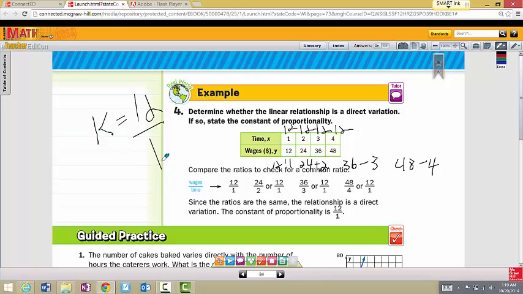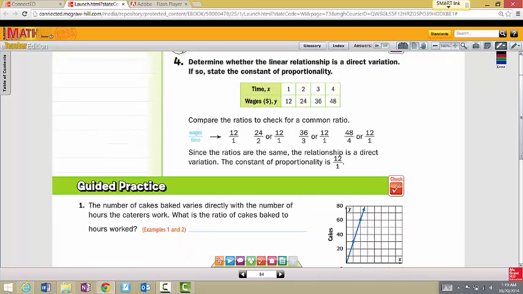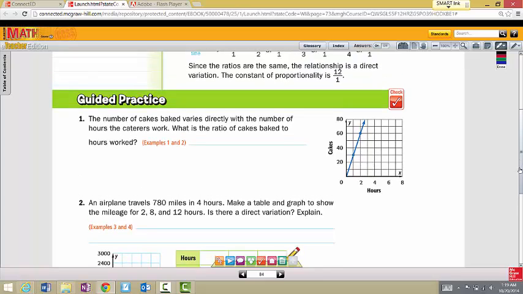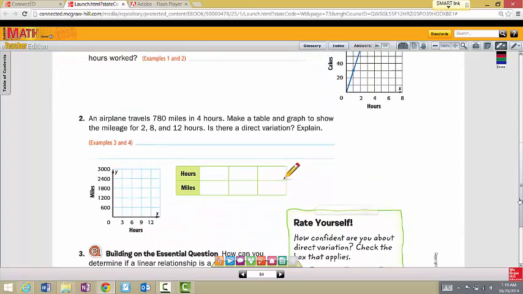Okay, and what would that be if you were to explain what that was? $12 every, and it doesn't say what the time is, so 1 hour, 1 minute, depending on what the element of time is.